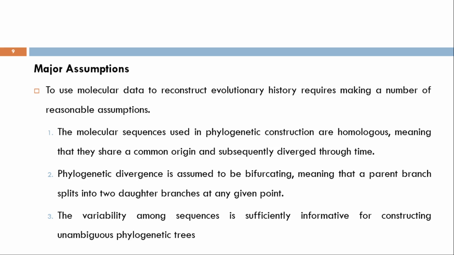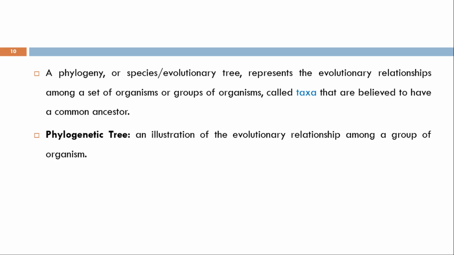Assumption number three: the variability among sequences is sufficiently informative for constructing an unambiguous phylogenetic tree. Means whatever variability is there among the sequences gives the information for constructing the phylogenetic tree. The phylogenetic tree, or the species tree, or the evolutionary tree, represents the evolutionary relationship among a set of organisms or groups of organisms.